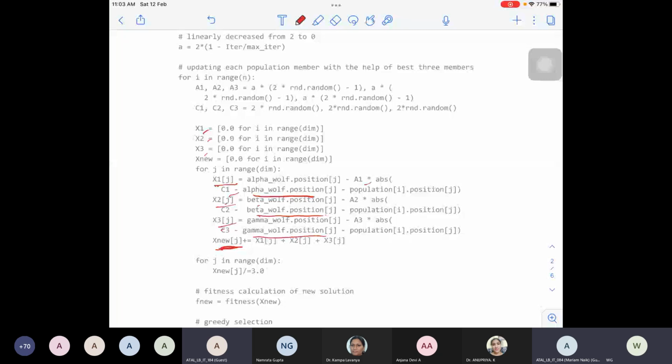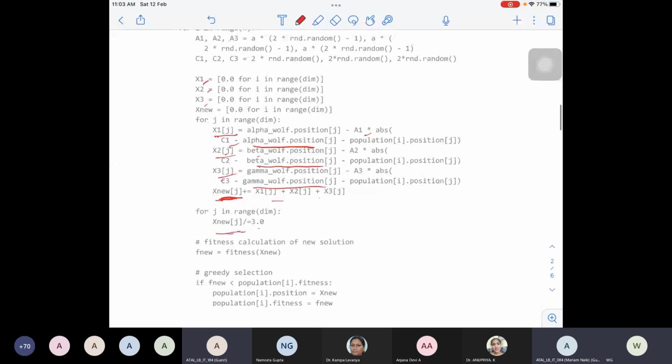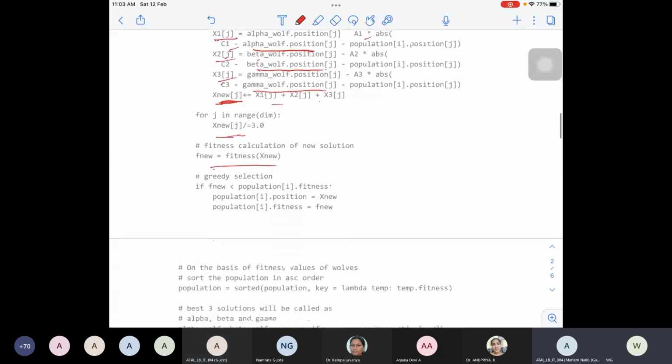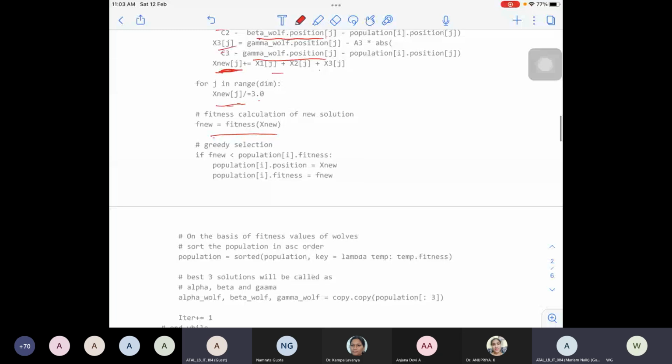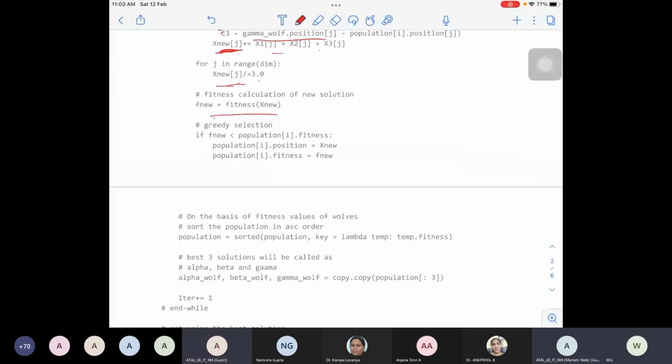So it means that these three wolves determine how the rest of the members of the group have to move with respect to the solution, right? Once more, after doing this, you divide by 3 to find out the new position. Then you calculate the fitness for this new position, and check whether the new position is to be taken or not, based on whether the fitness is good or bad.